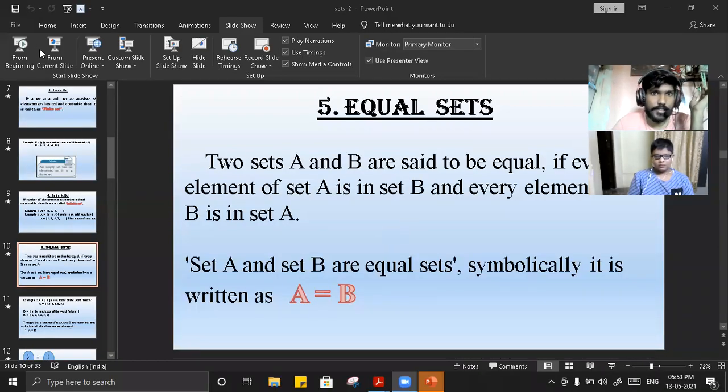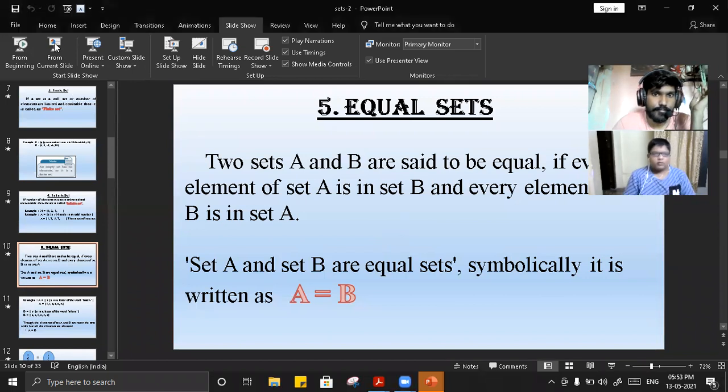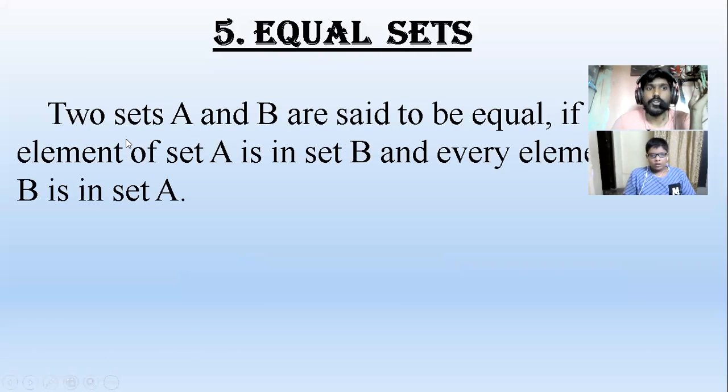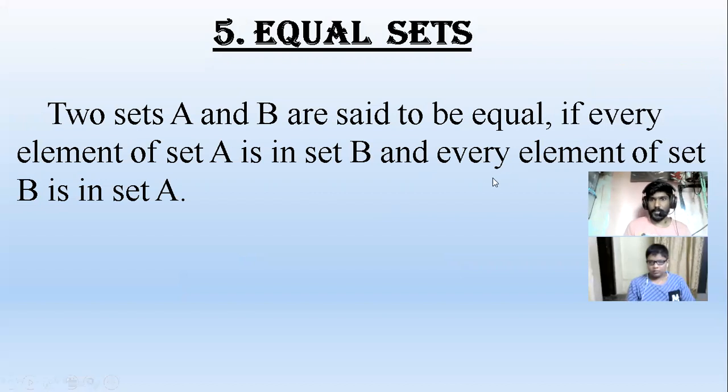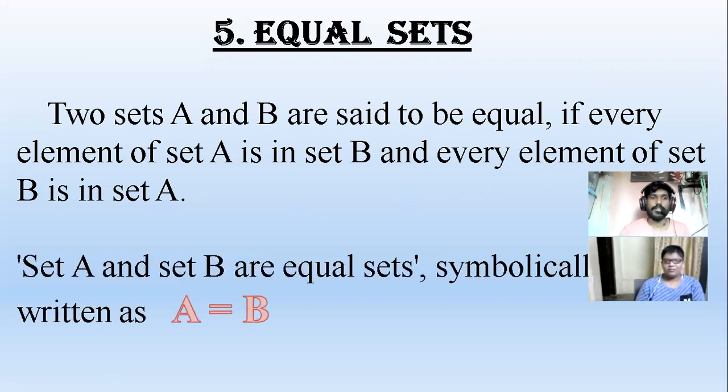Last was equal sets. Two sets A and B are said to be equal if every element of set A is in set B and every element of set B is in set A. Okay, so set A and set B are equal sets.